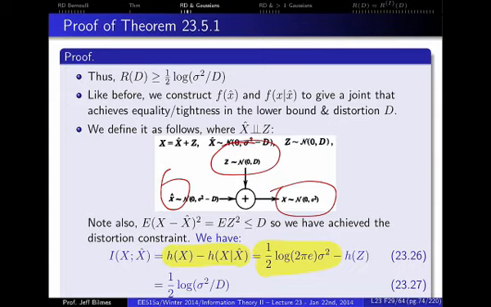And so that's therefore equal to the entropy of z. And so we have now achieved that the mutual information is equal to the quantity that we want. Okay. Everybody happy?